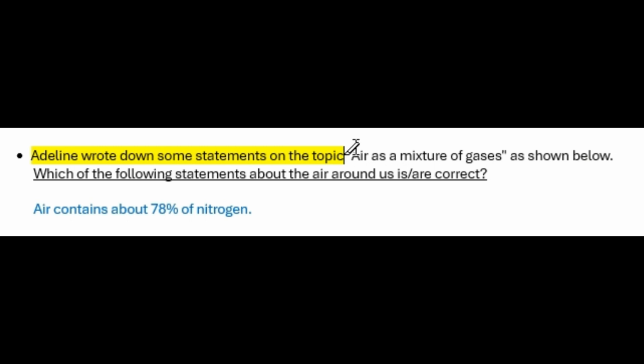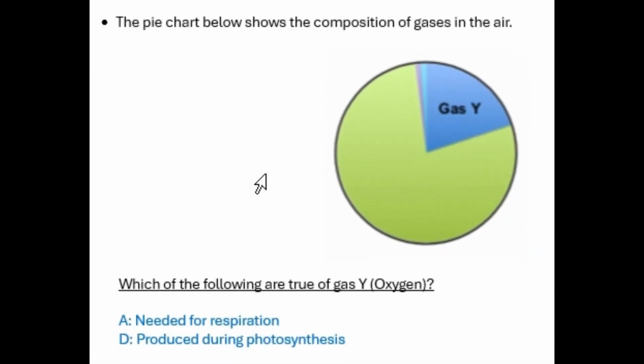Adeline wrote down some statements on the topic air as a mixture of gases, as shown below. Which of the following statements about the air around us are correct? Air contains about 78% of nitrogen.